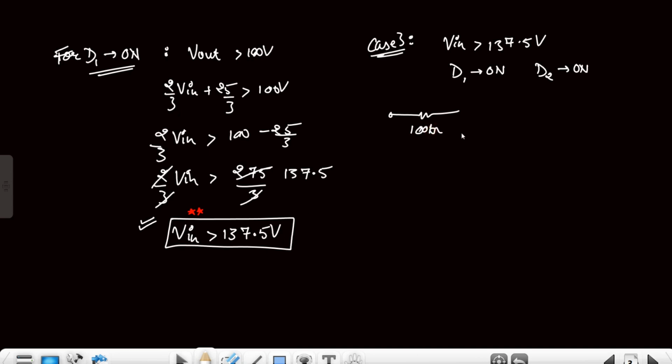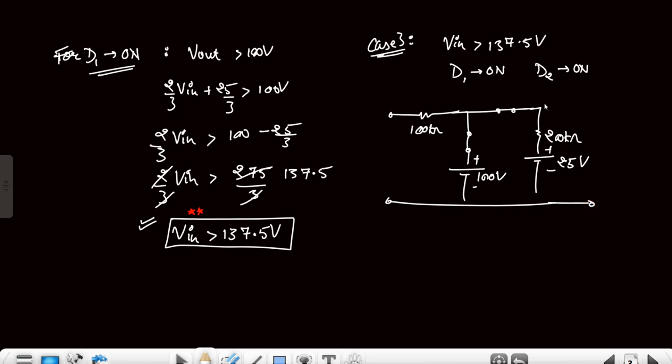This is the 100 kilo ohm, and now D1 is on, and here was 100 volt, and this is also on, and here 200 kilo ohm, and this is 25 volt. This is 100 volt, and now we can clearly see that for this range of input, the output is equal to this supply, 100 volt, right?